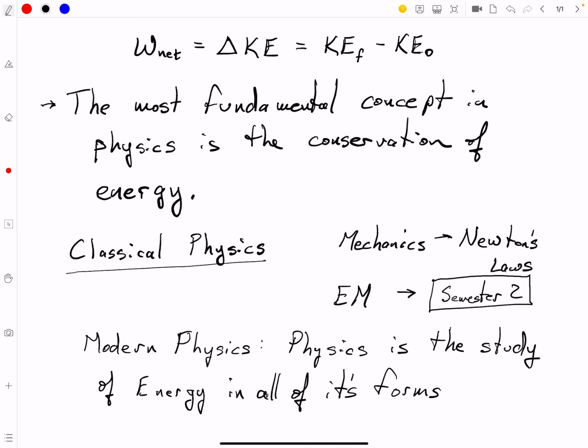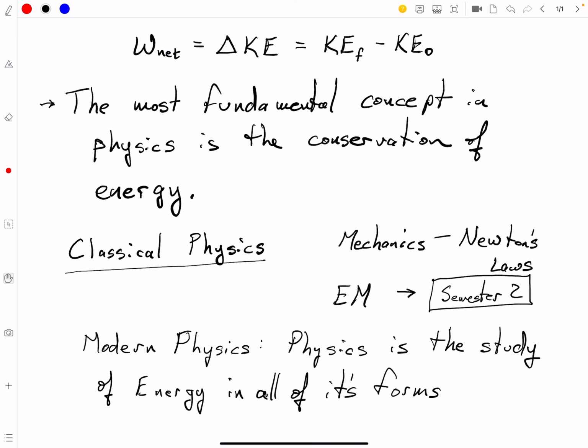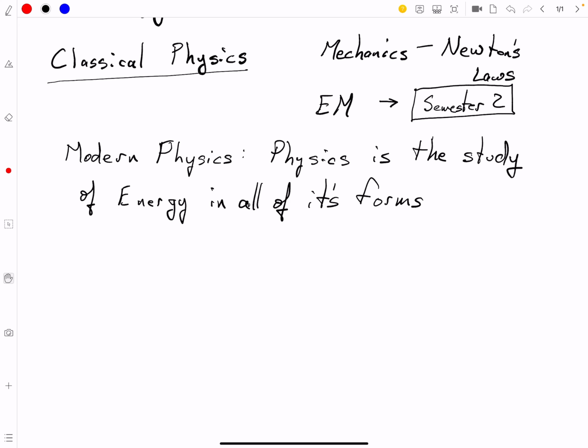A prime example of that is, don't worry, we're not doing this, but because of modern physics, Einstein gave us E equals mc squared, the mass of an object times the speed of light squared. Well, that converts mass into energy.